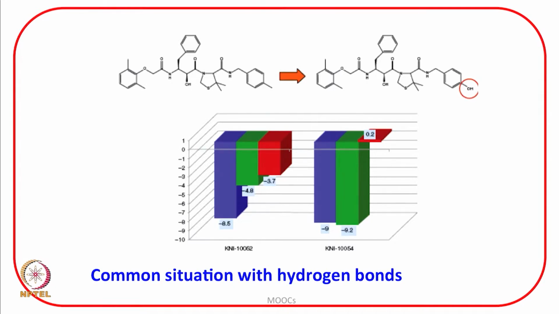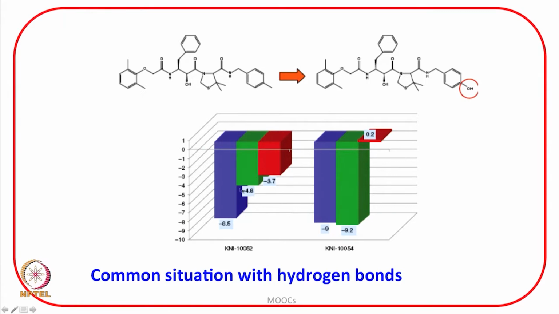And here you see the delta G naught value has gone up from minus 8.5 to minus 9, which will correspond to binding affinity going up by a factor of 2 only. If you calculate delta G naught changing from minus 8.5 to minus 9 and convert this into binding affinity, it will turn out that it is only increasing by a factor of 2.